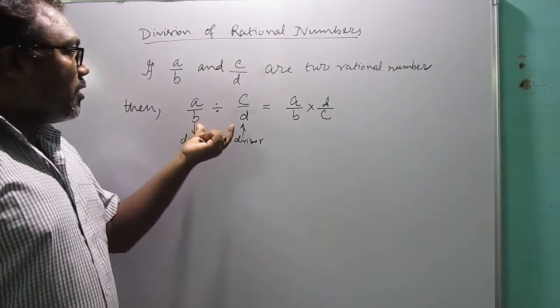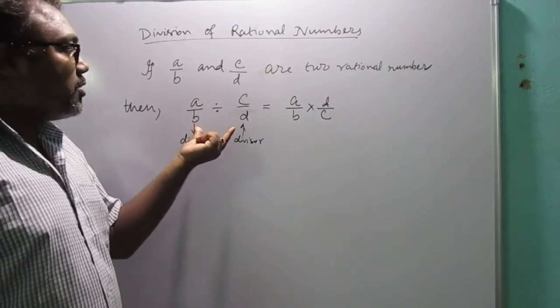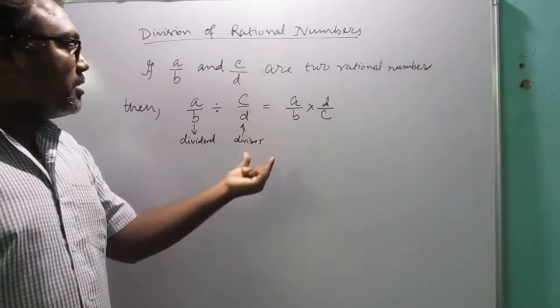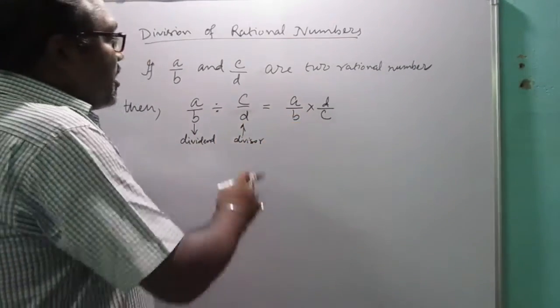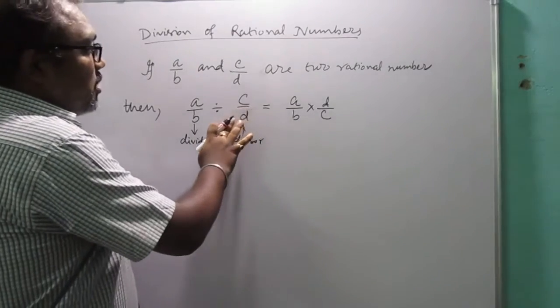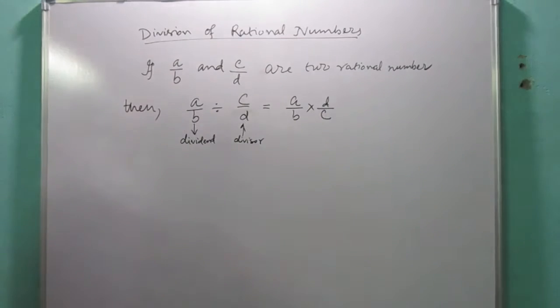So now if we want to solve this division of two rational numbers, we may convert this division into multiplication by only reciprocating the divisor. So here C by D into D by C. Okay, this much. So this is the basic funda of division of rational numbers.